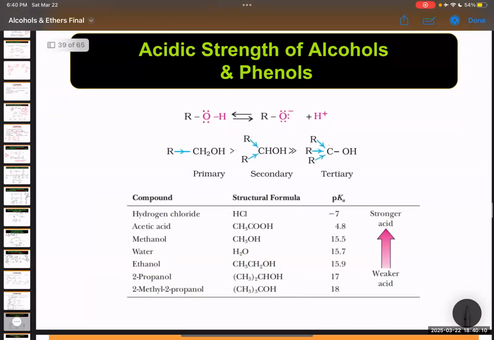Now, acidic strength of alcohols. Alcohols are slightly acidic. Their acidic strength is close to that of water, or less than that of water, more precisely. Because the hydrogen is connected to an electronegative atom, oxygen, it can get ionized.